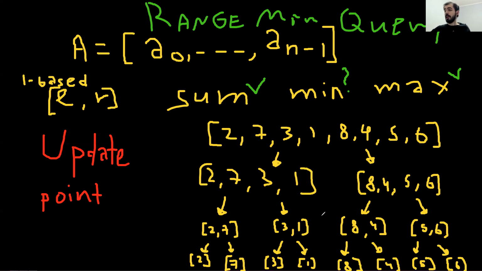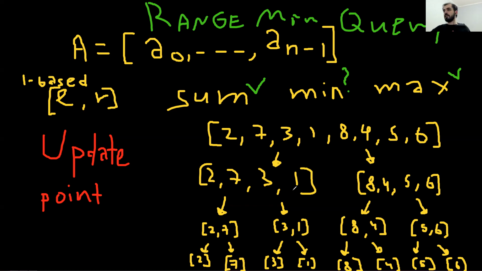It will still be linear, because on the last layer we have n segments. Here we have n over 2 segments. Here we have n over 4 segments. And when you sum up this geometric progression, you end up with 2n, right? So usually in implementation, you allocate memory for 4n nodes, but this detail we'll talk about later.